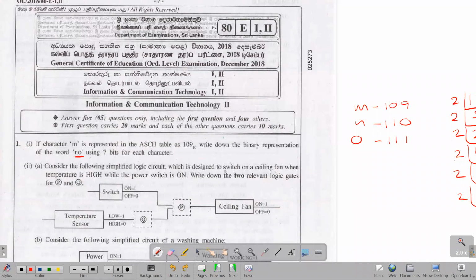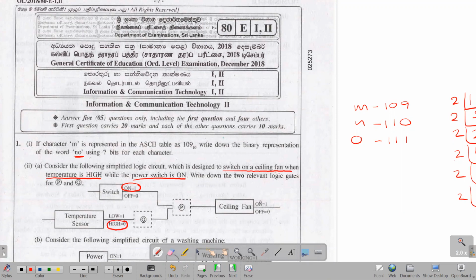And how it's going to be: the temperature is high while the power switch is on, right? So when the power switch is on, it is given 1 from here. When temperature is high, it is providing 0 over here.